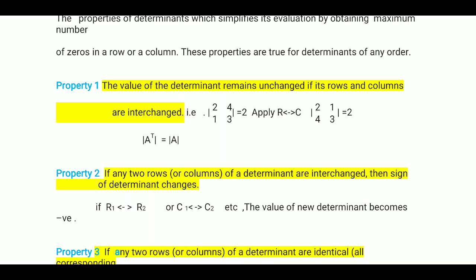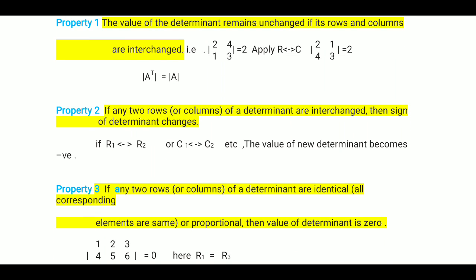Or if any two columns of a determinant are interchanged, then the sign of determinant also changes. It means if you are given a determinant and you interchange R1 and R2, then the value of the new determinant will become negative. And similarly, if we interchange columns C1 and C2, then the value of determinant also becomes negative.